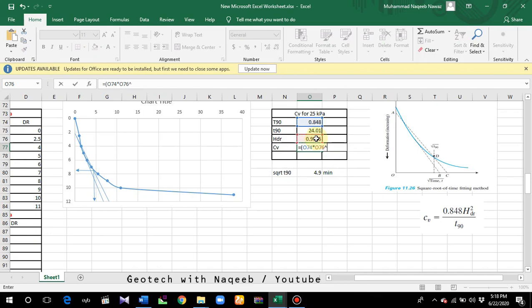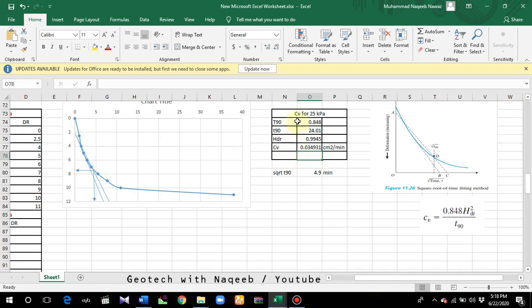So I will be putting the square here, divided by T90. This is T90, and equals. So we have obtained C sub V as 0.0349 centimeter square per minute. So this is how we obtain C sub V.